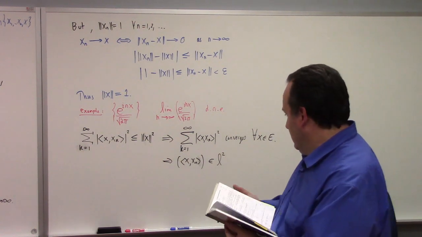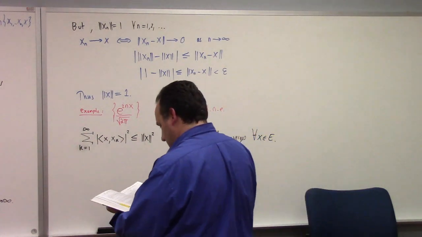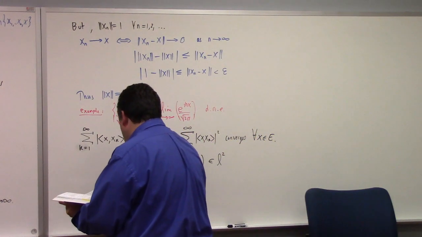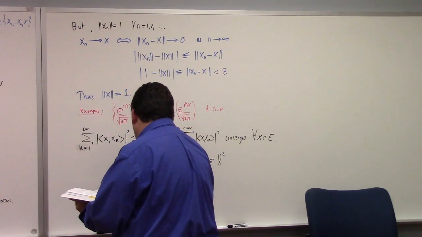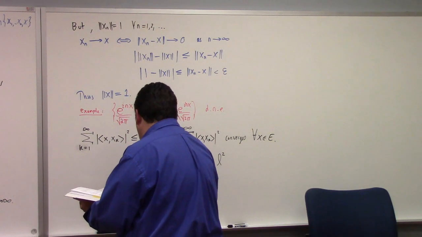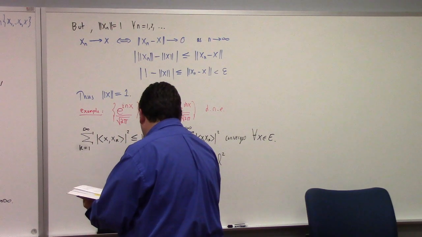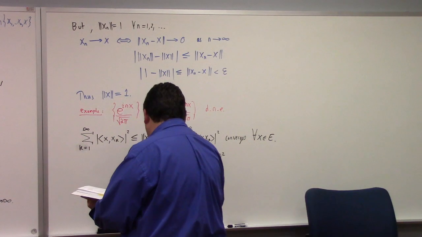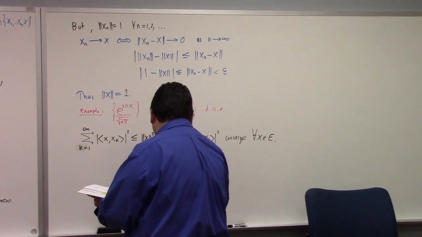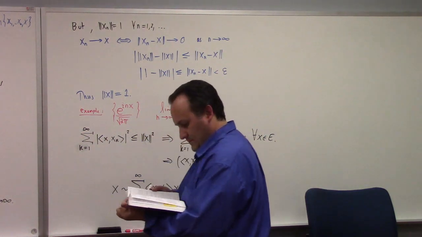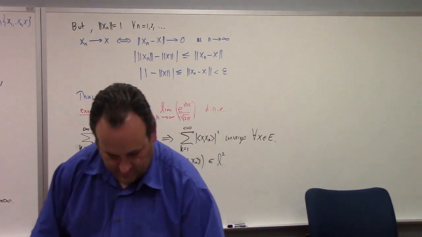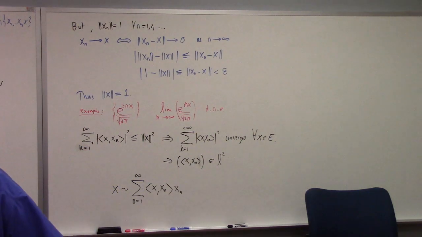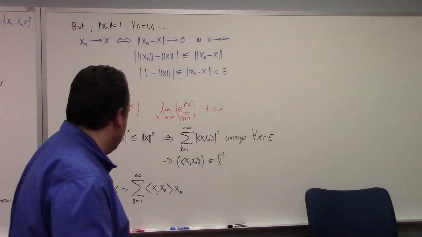And we write x is represented by the sum n equals 1 to infinity of x with xn. So this right here is the generalized Fourier series of x.